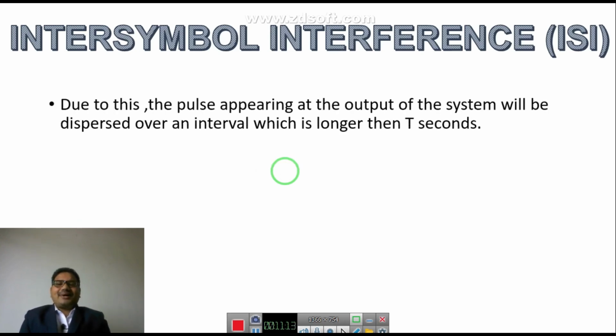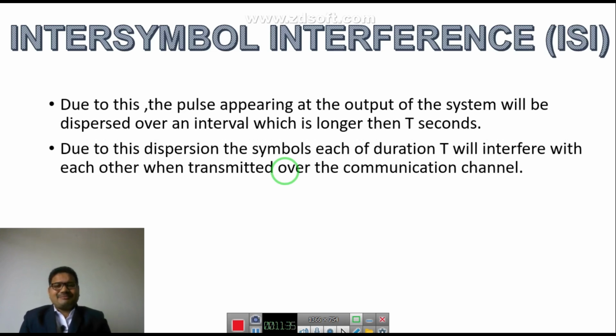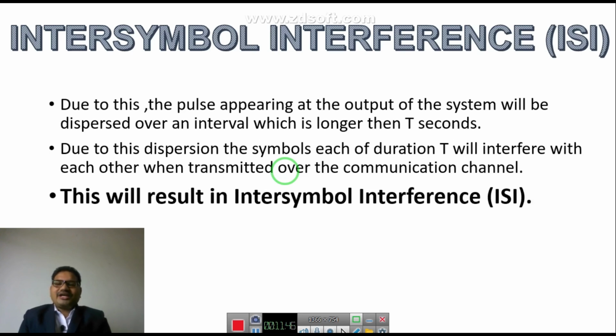Due to this, the pulse appearing at the output of the system would be dispersed over an interval which is longer than T seconds, because a rectangular pulse has a duration of T seconds, but due to this dispersion, the pulse is going to disperse longer than T seconds. So the dispersed symbols, each of duration T, are going to interfere with other symbols when transmitted over the communication channel, and this will result in ISI, that is intersymbol interference.